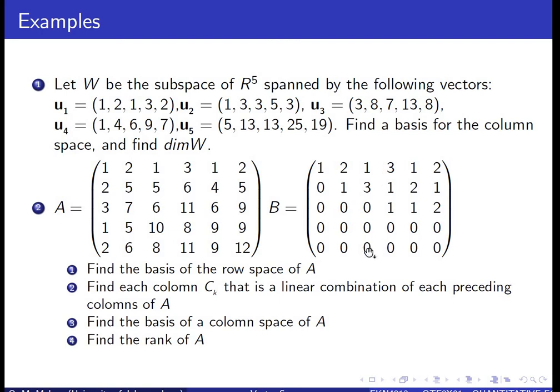So the ones that do not form a basis of the column space will be column 3, which will be 1 5 6 10 and 8, right? And this has a pivot. And this column here, which will be column 5, 1 4 6 9, can also be expressed as a linear combination of the preceding columns in A, as well as 2 5 9 9 12.